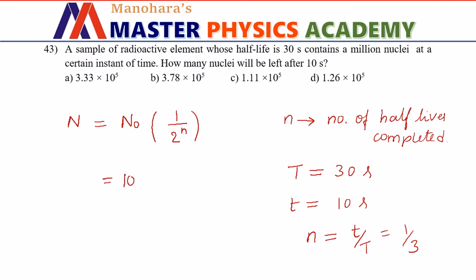So it is going to be 10 power 6 into 1 divided by cube root of 2. Upon solving, we will be getting the answer as 0.794 into 10 to the power 6. So these many nuclei are left in the sample after 10 seconds. But none of the given options is matching with this answer. Hence, maybe they have provided grace marks for question number 43.